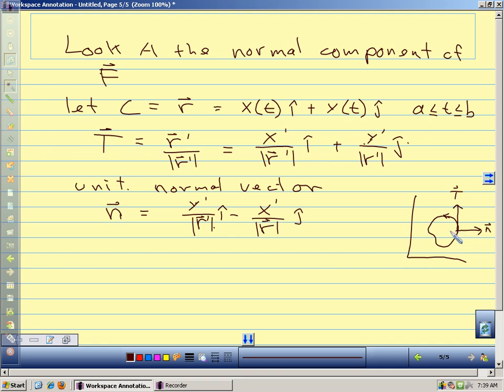We want the y coordinates to stay the same. Then that keeps our unit normal vector pointing outward. If we switched the sign on the y, that would point our unit normal vector inward. So if we had a plus x and a minus y, our unit normal vector would point inward. So that's why we picked this particular version of the unit normal vector. All right, so here's our expression for the unit normal vector.